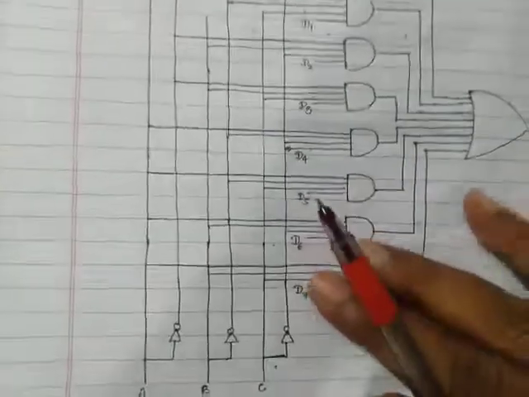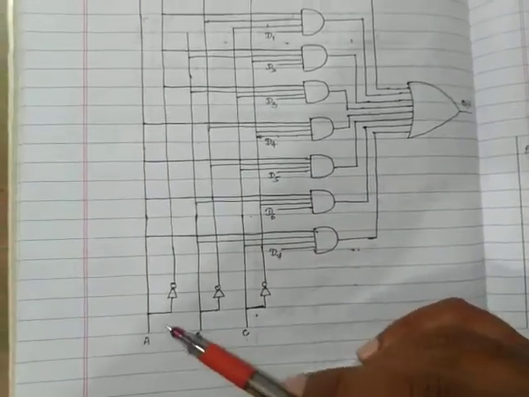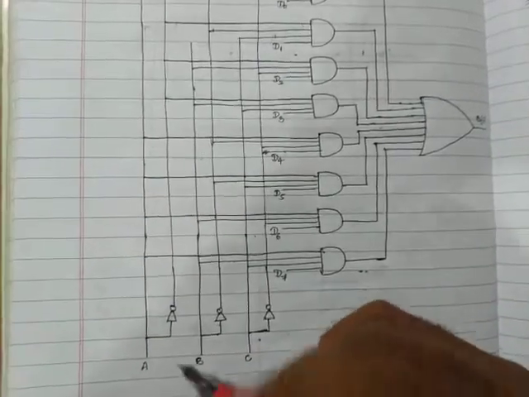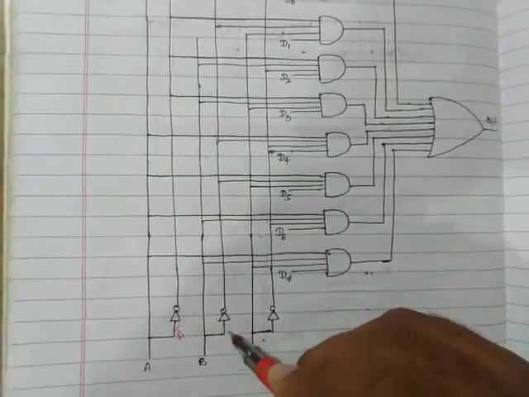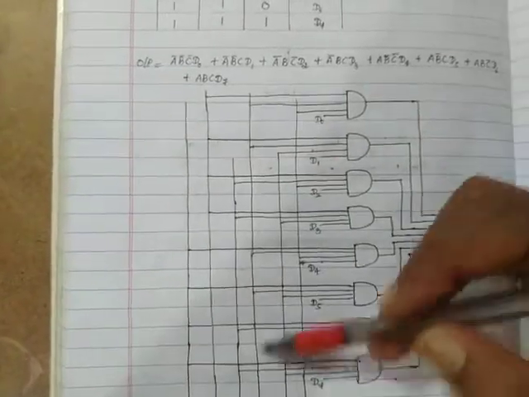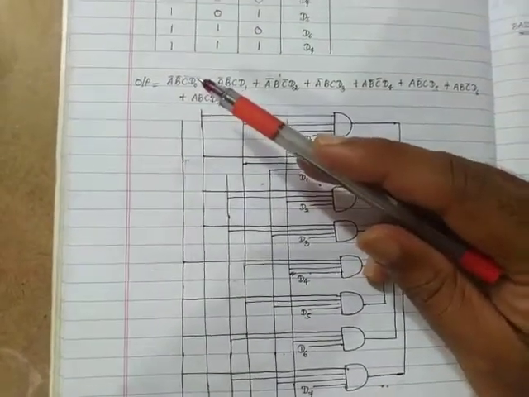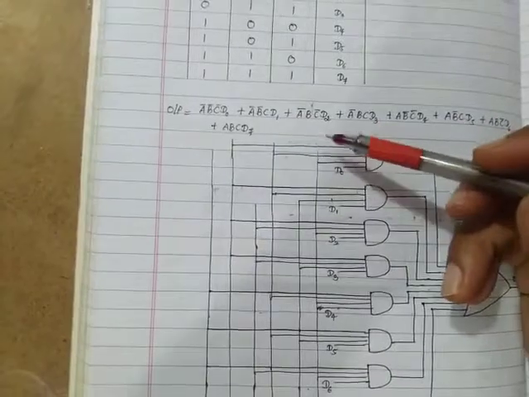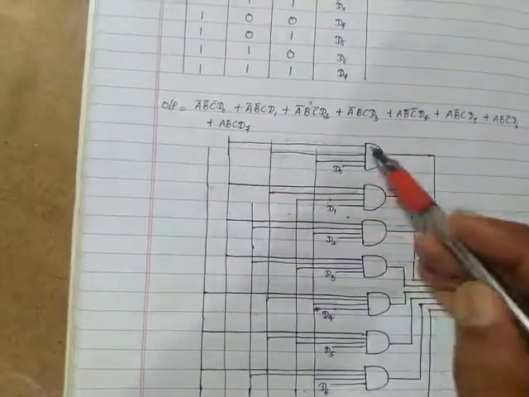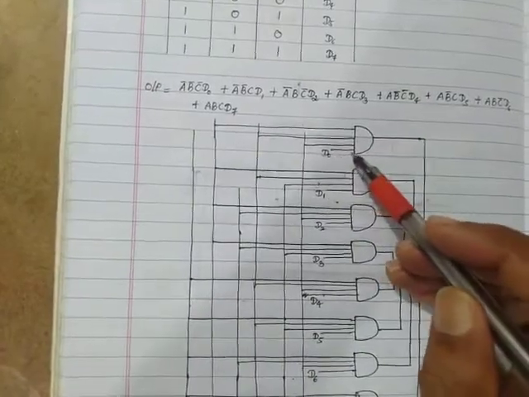Coming to the logical diagram, again here I have the 3 inputs A, B, C with their bars also, because the negation will be there: A bar, B bar, C bar, the complements. Just for simplicity, take down the lines, starting from A, B, C, A bar, B bar, C bar, D0. This is your A bar, this is your B bar, this is your C bar, and D0 will be there.